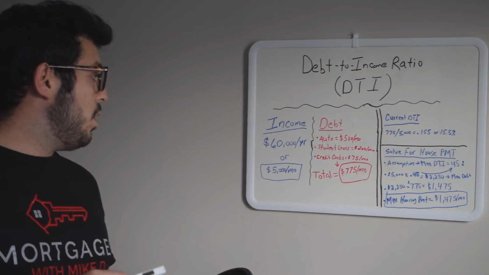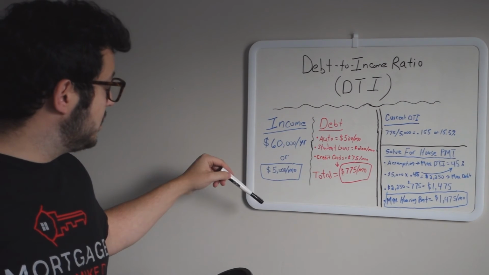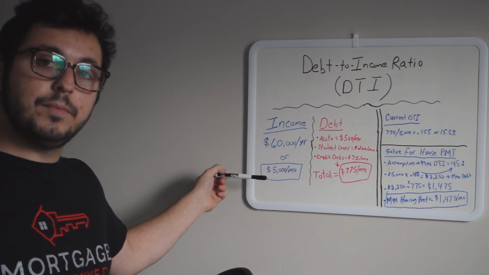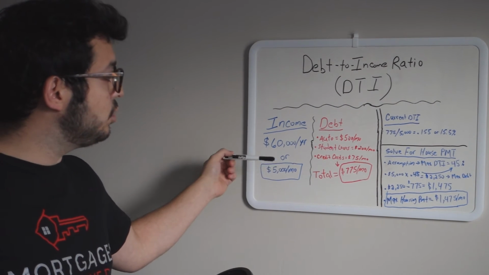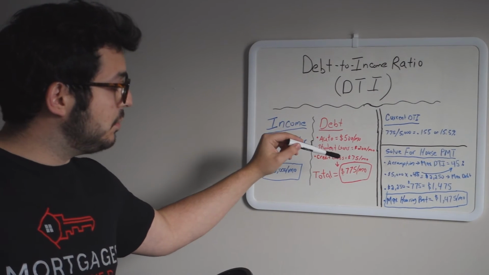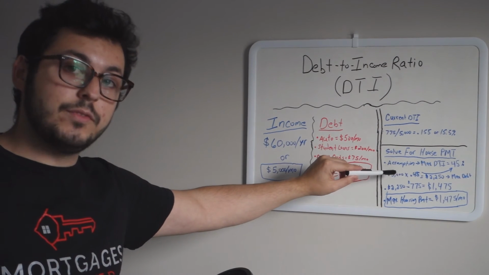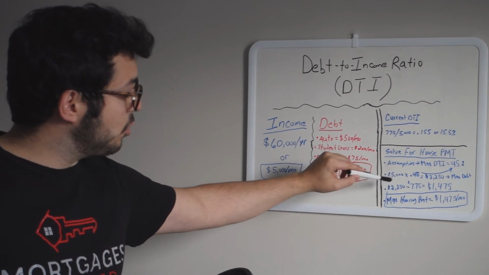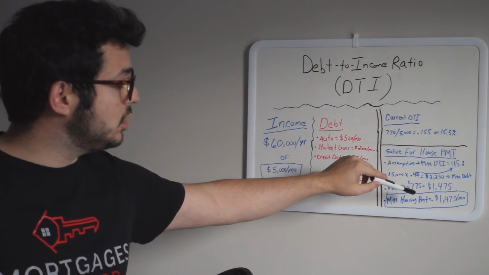So we are going to reverse engineer this and work backwards. Starting with your income, again, it's $5,000 a month. We are going to multiply 5,000 by the maximum allowable DTI ratio, which we just said was 45%. So 5,000 multiplied by 0.45 equals $2,250.